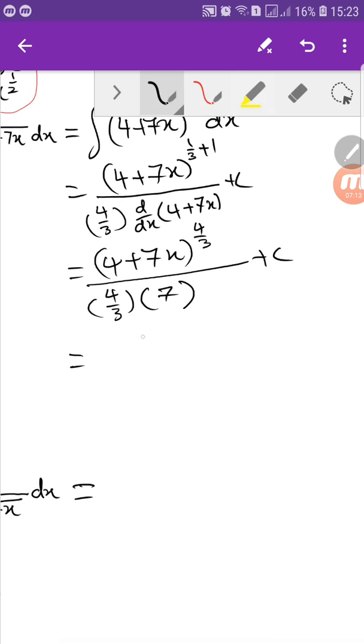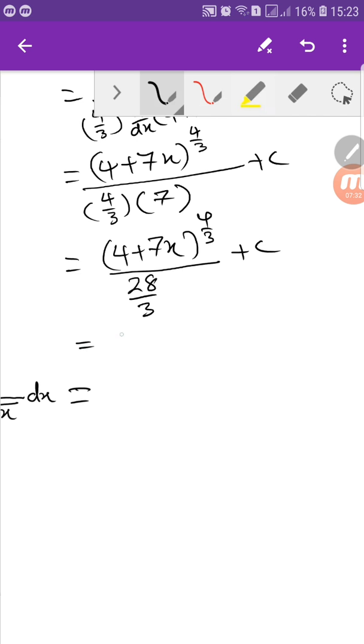So 4 over 3 multiplied by 7 is 28 over 3. So we have (4 plus 7x) to the power of 4 over 3 over 28 over 3, plus c. We can rewrite this as 3 over 28, (4 plus 7x) to the power of 4 over 3, plus c.